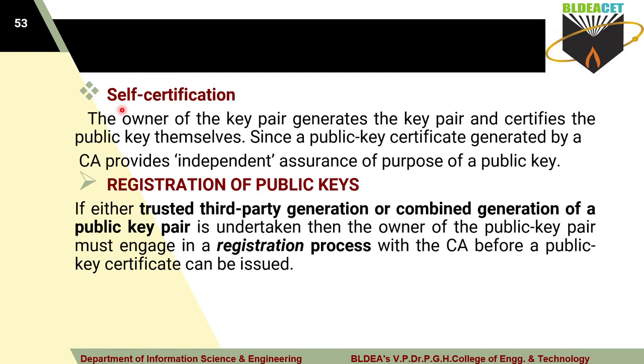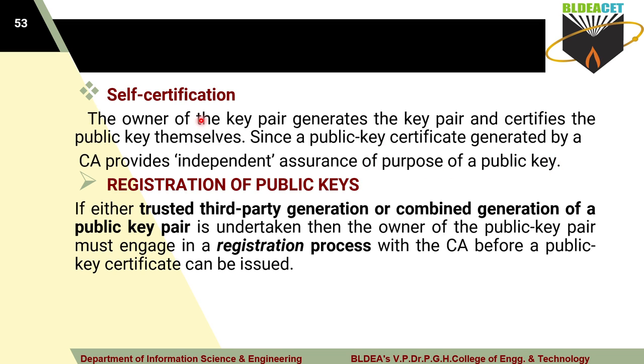One more is what we call self-certification. In self-certification, the owner of the key pair generates the key pair and certifies the public key themselves, whereas a public key certificate generated by a CA provides independent assurance of the purpose of a public key.